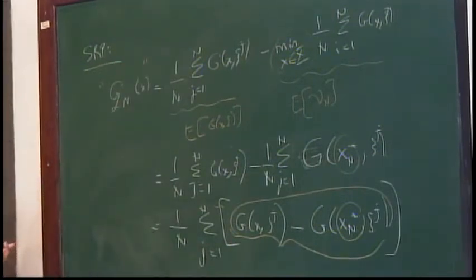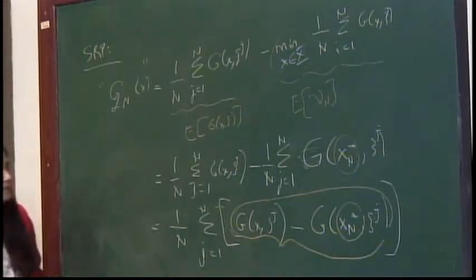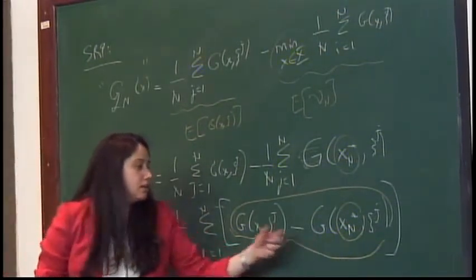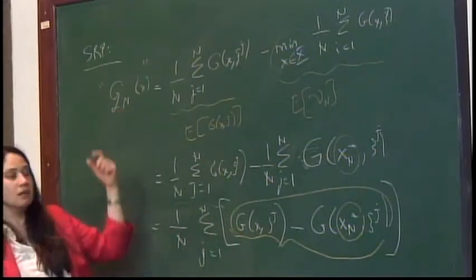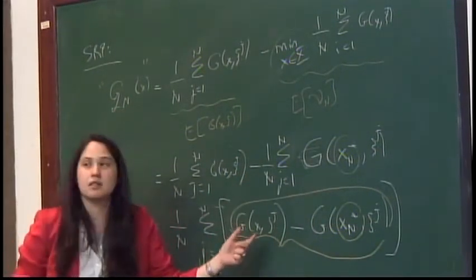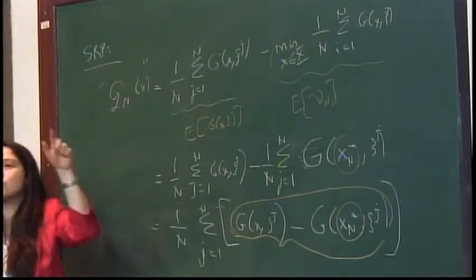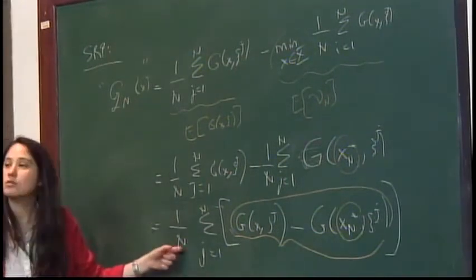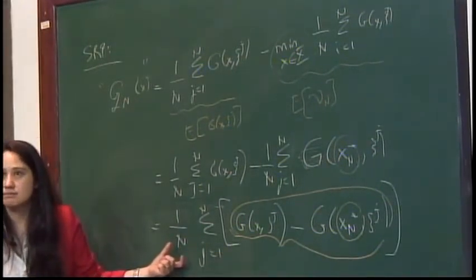But you need also a sample variance estimator. So how do we generate a sample variance estimator? Assume they're independent. This is the mean. Individual observation minus the mean squared, divide by total number of observations minus 1.